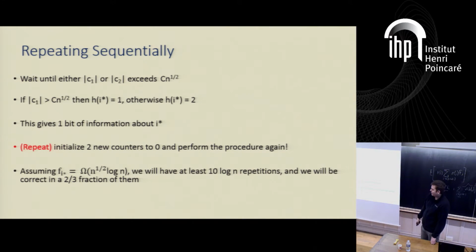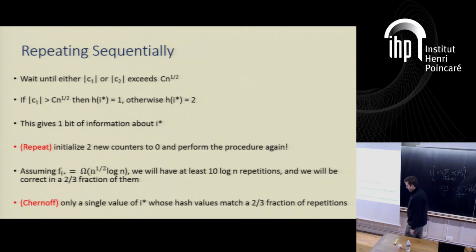Okay? Meaning that you identified the bucket that contains I star. And then by Chernoff bounds, note that these are independent. By Chernoff bounds, there's only going to be a single value of I star. If I look at all the items in the universe, there's only going to be a single item which agrees with a 2/3 fraction of these larger.